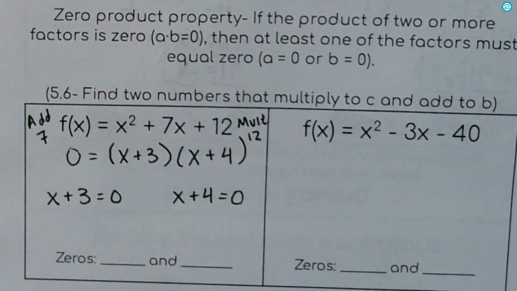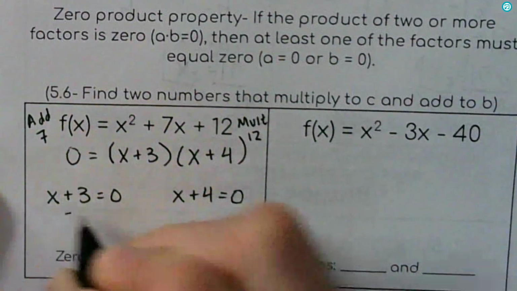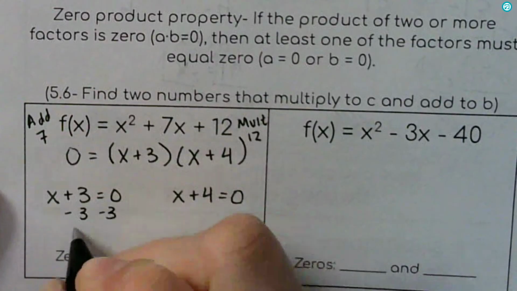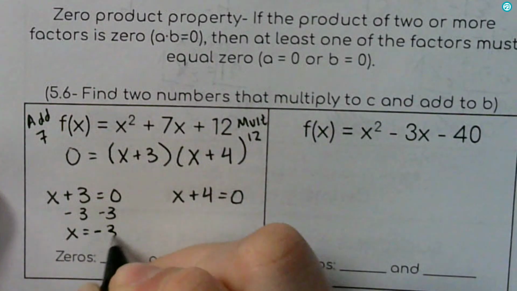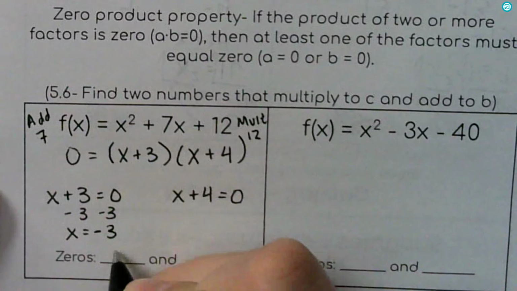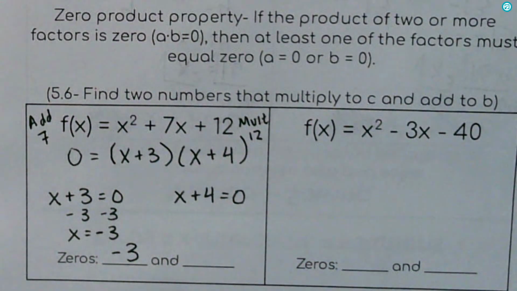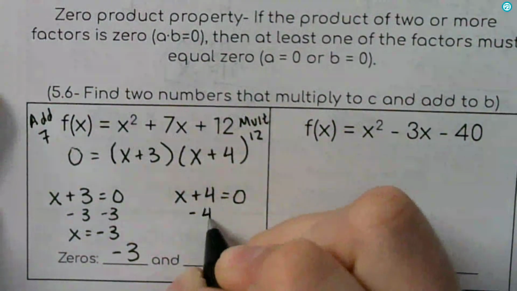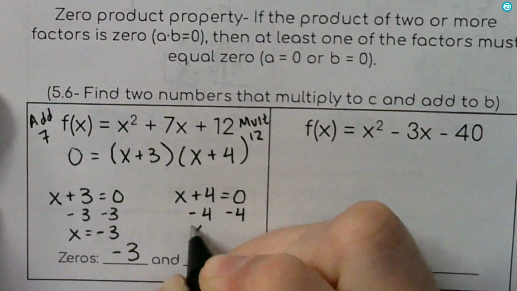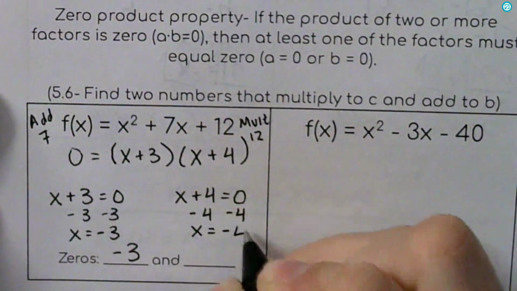So x plus 3 equals 0. We'll subtract 3 from both sides, and we will get x equals negative 3. So that is one of my zeros. And for x plus 4 equals 0, we'll subtract 4 from both sides. We get x equals 0 minus 4, which is negative 4.